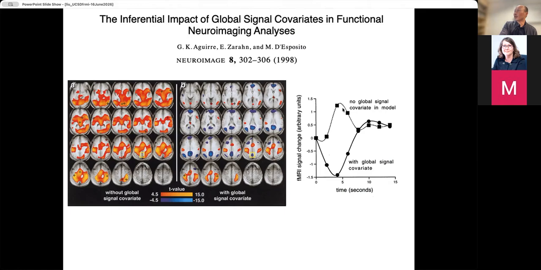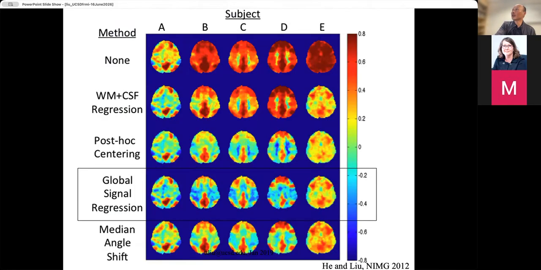You get very different time courses of activation. So very early on, no one knowingly does global signal regression for task studies. As we'll find out, you might actually be doing it under the hood, but you're not consciously doing it or specifying it. But for resting state, it's a much different matter.